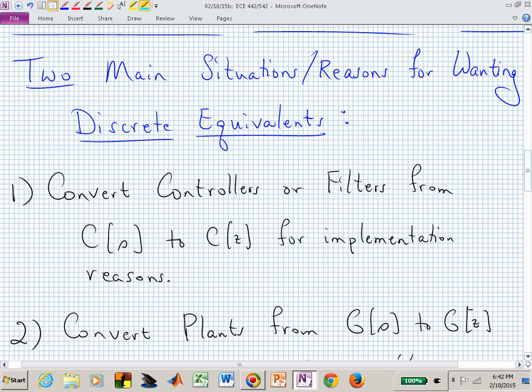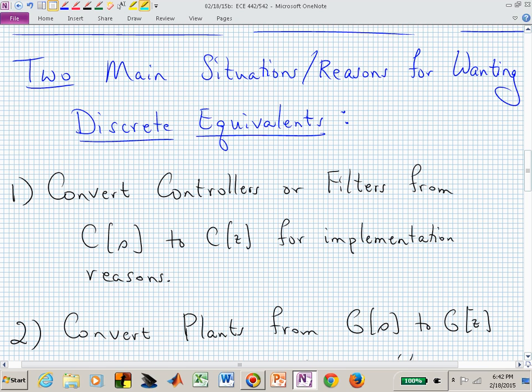One of the situations or reasons might be if we have a filter. We've done a low-pass filter already in class. We had a C of S. You could now write down an analog filter with an R and a C. You now want to know, how can I do the same filtering in Excel or with some difference equations?